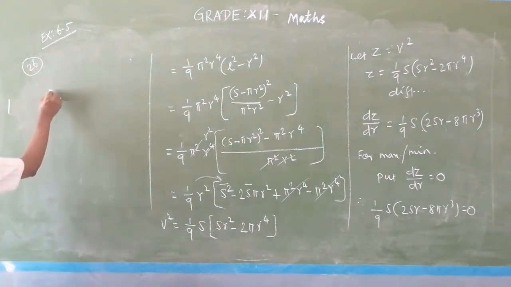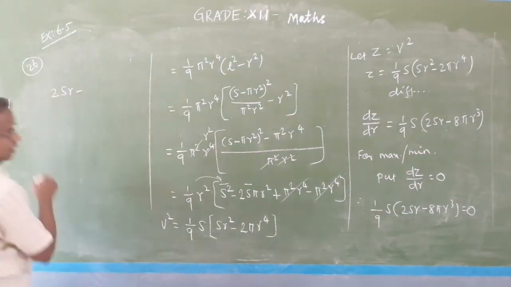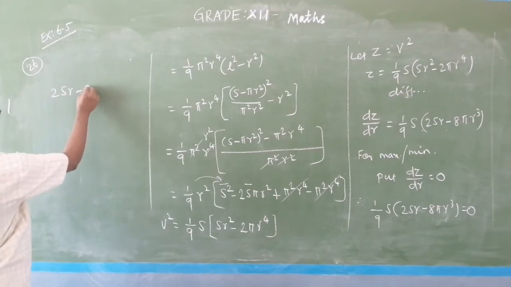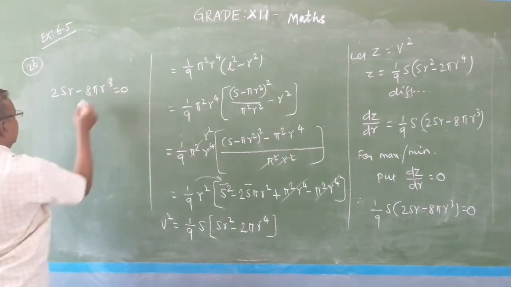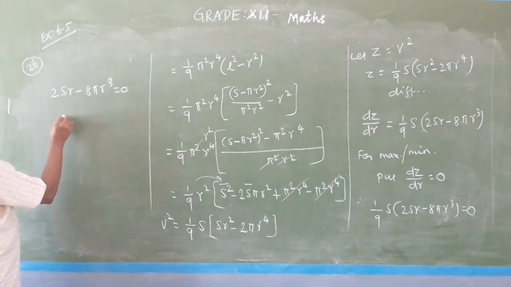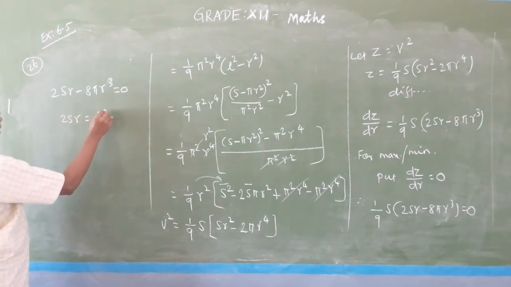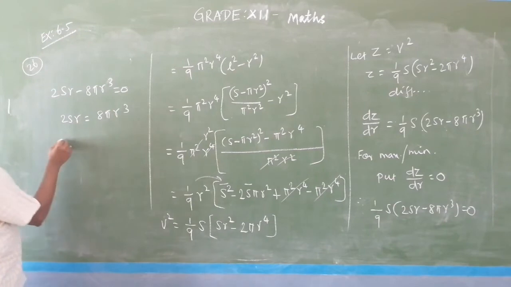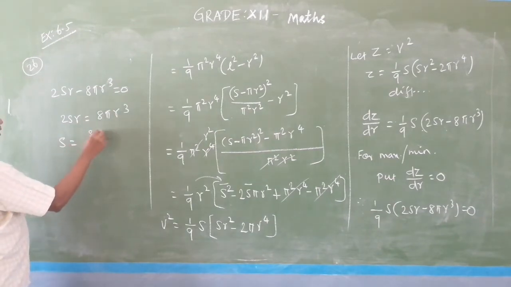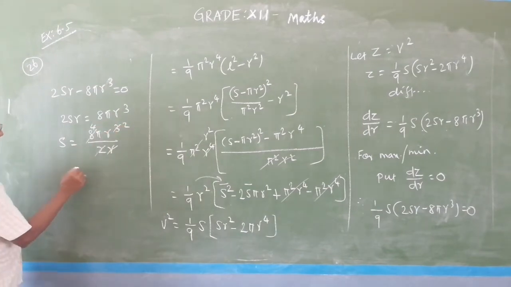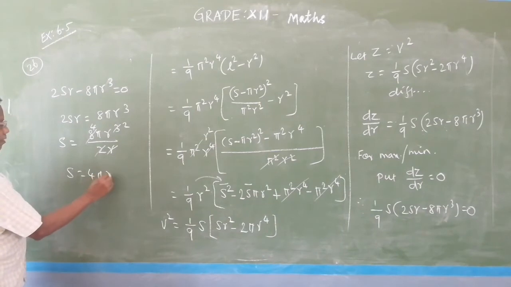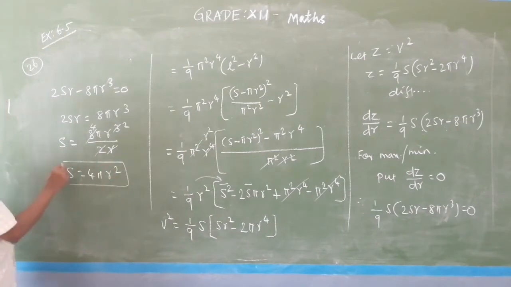That means 2sr equal to 8 pi r cube, or s equal to 8 pi r cube divided by 2r, that is s equal to 4 pi r square. So we have one value, 4 pi r square.